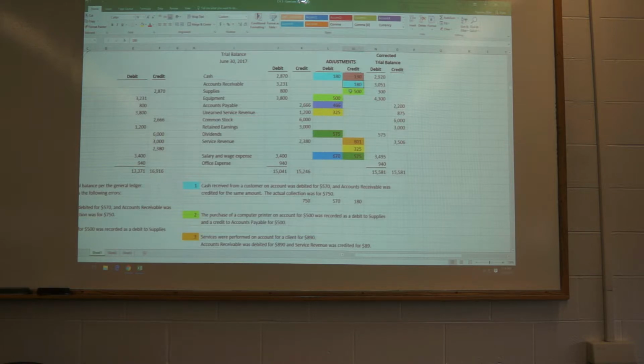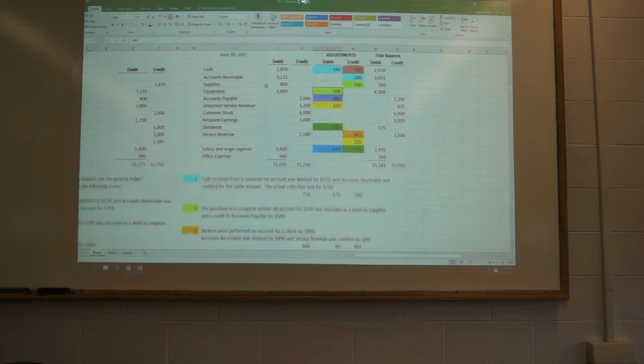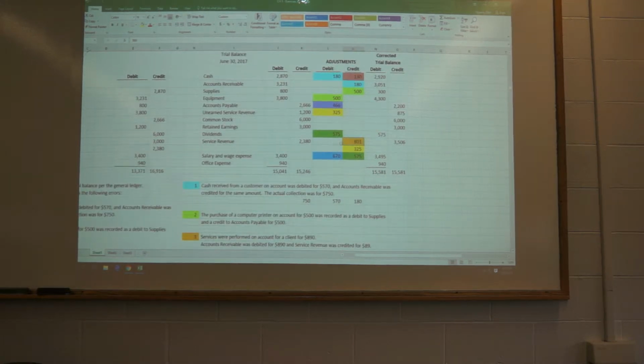So you have to remove that 500 from supplies, put it back into equipment. Services performed on account for 890, but then the accounts receivable was debited for the right amount, but service revenue 89. Well, the phone rang, the coffee spilled, whatever, it just didn't happen. So we have to make the 801 adjustment here.